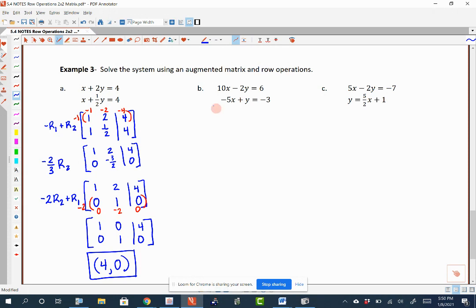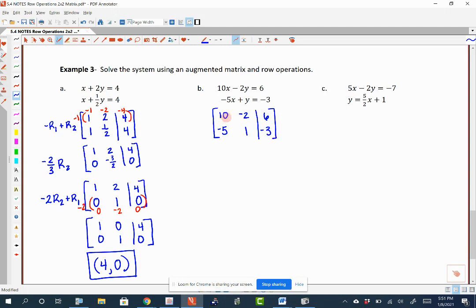Problem B, again, we want to set up in our augmented matrix first. We have a coefficient of 10, negative 2, and then we have our constant, a positive 6. Our next equation, our coefficient for x is negative 5, for y is a positive 1, and we have our constant, negative 3.